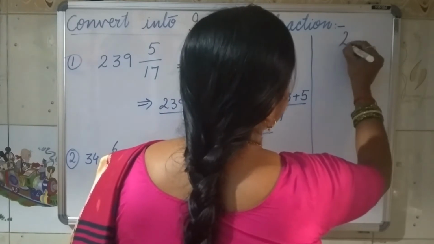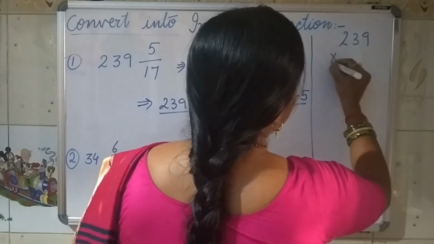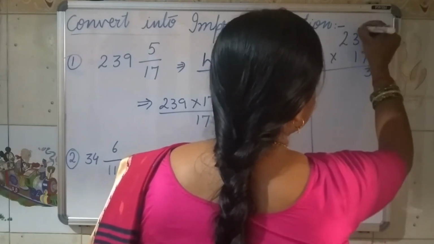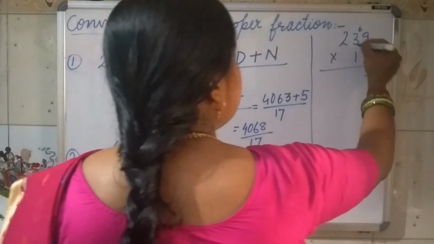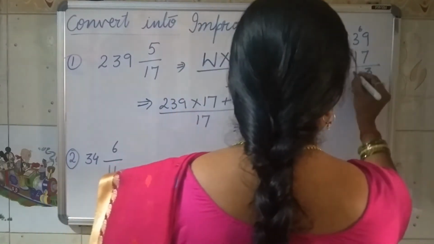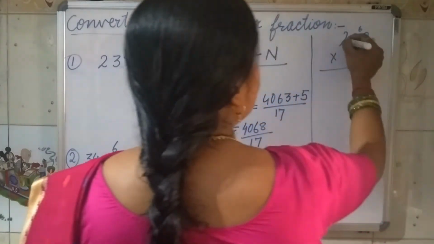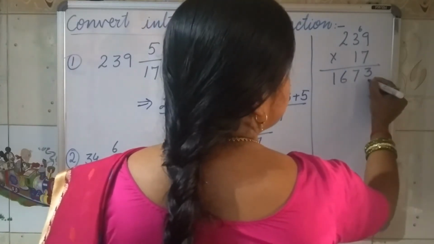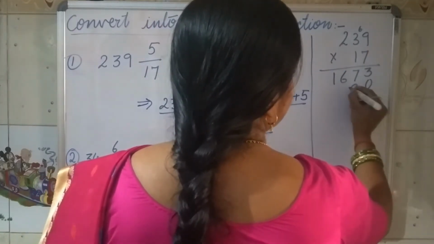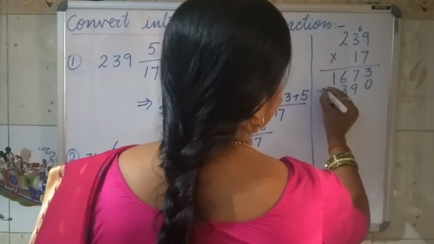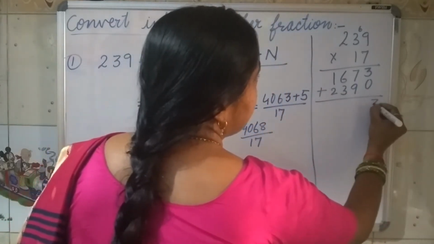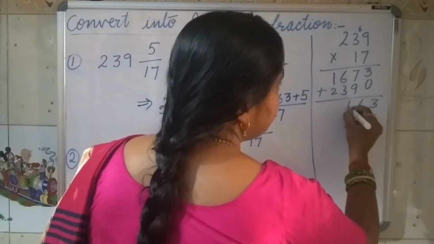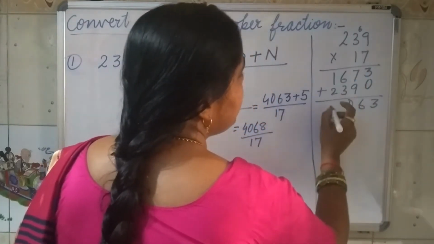But if you do not know how to multiply directly by 17, you can multiply like this also. 239 multiplied by 17. 7 nines are 63, carry 6. 7 threes are 21 and 6 is 27, carry 2. 7 twos are 14 and 2 is 16. Now multiply by 1, this is 0, then 9, then 3, then 2, and then we have to add. 3, 9 plus 7 is 16, carry 1. 6, 3, 9 and 1 is 10, carry 1. 2, 1, 3 and 1 is 4.